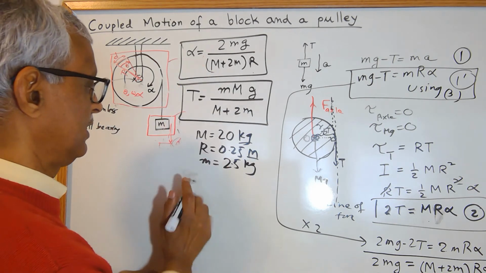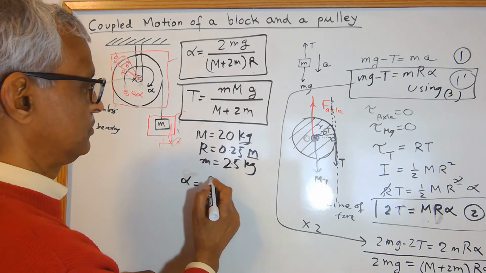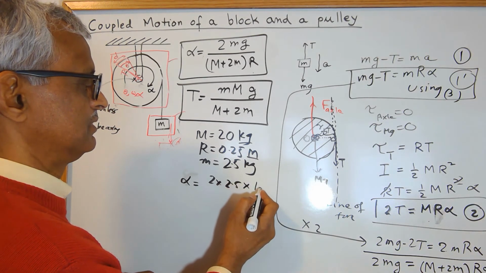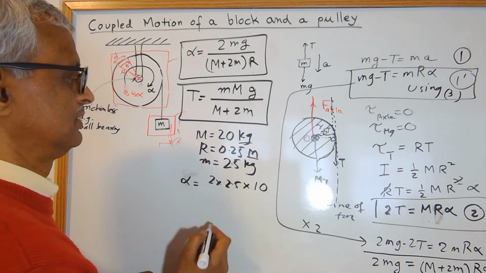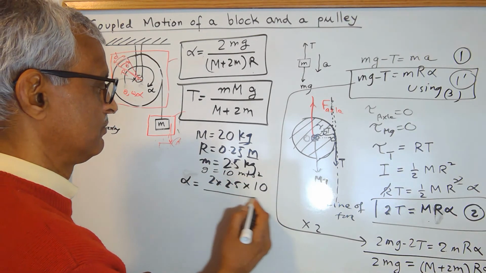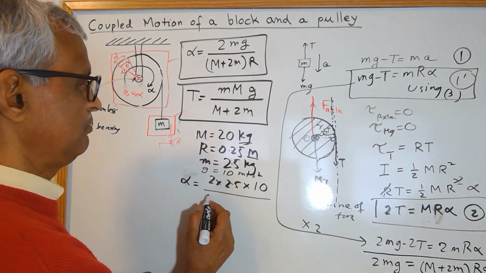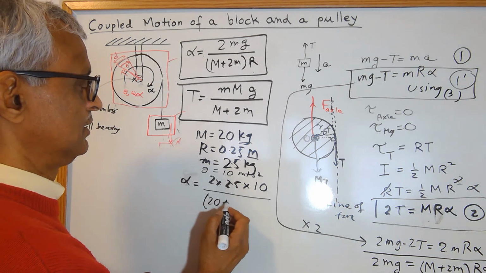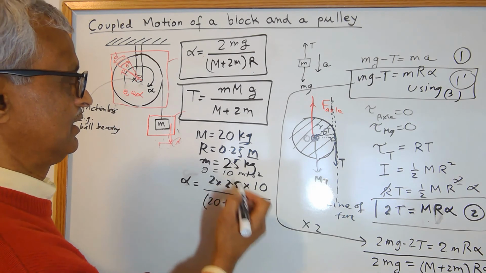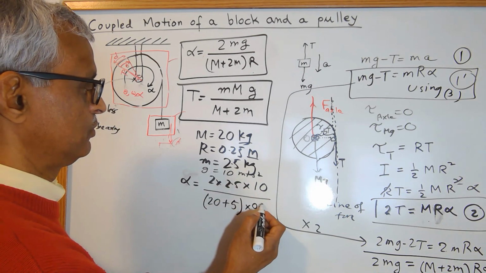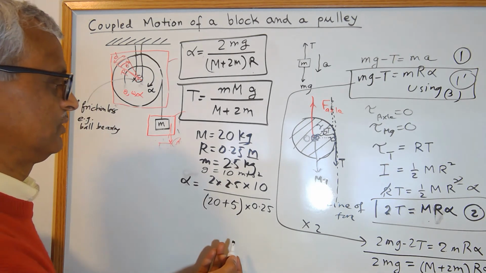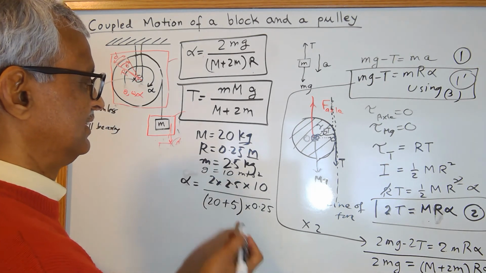Well, let's look at alpha. I get alpha equal to 2 times 2.5 times g, which you can take as 10, so g equals 10 meter per second squared. And this big M is 20, and 2 little m is 5, and r is 0.25. I can do this calculation several different ways.